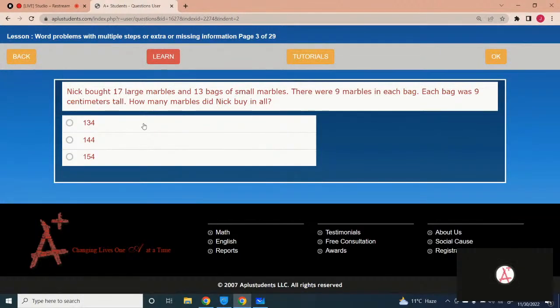Okay, let me just check. 17 large marbles and 13 bags of small marbles. There are 9 marbles in each bag. Each bag was 9 centimeters tall, and how many marbles did Nick buy in all? 13 plus 17 is 30. 17 plus 13, and in one bag 9.